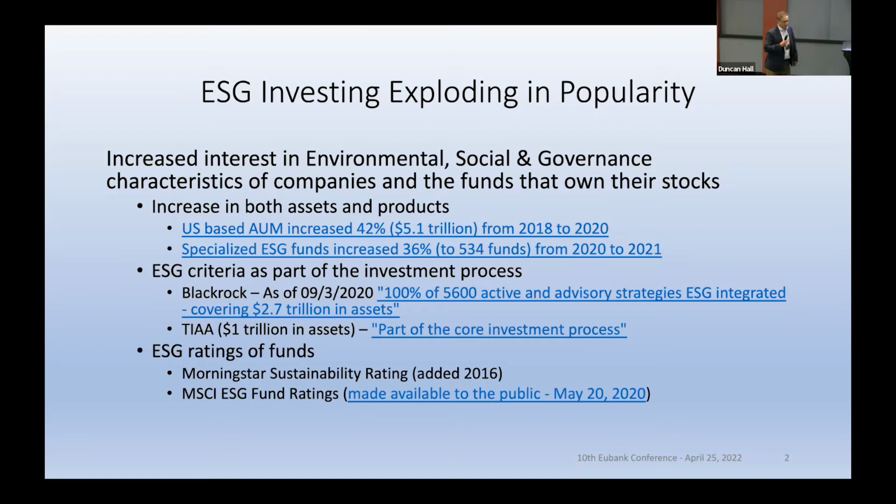And as I mentioned, Morningstar, in addition to this landscape report, has a sustainability rating that they give every fund that you can look up on their website. MSCI also makes publicly available their ratings for funds, because a lot of the demand for ESG comes from retail investors who want to look at their options in their 401k or IRA and see which funds have an ESG component.